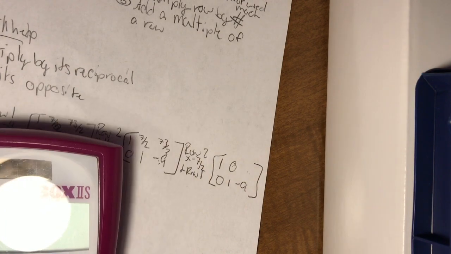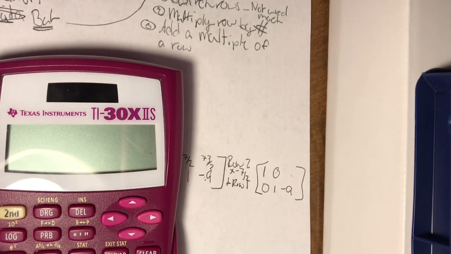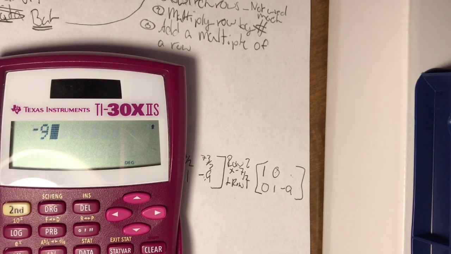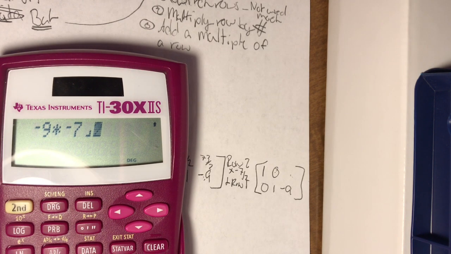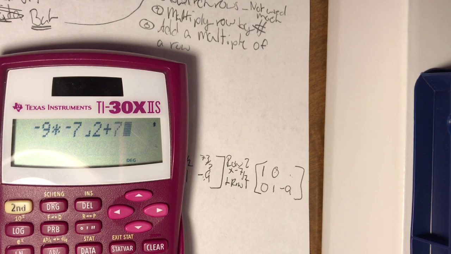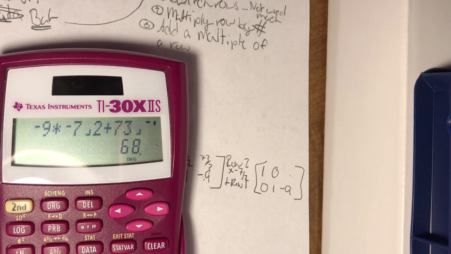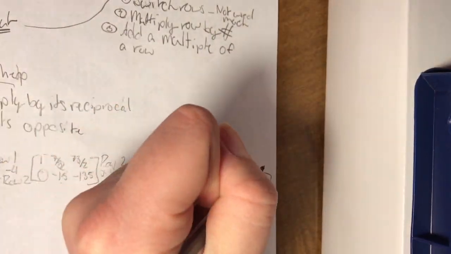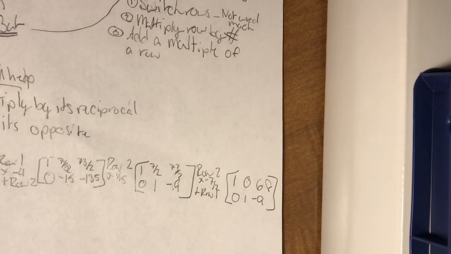So you do row 2, which is -9 times -7 halves plus 73 halves. So you should get 68.